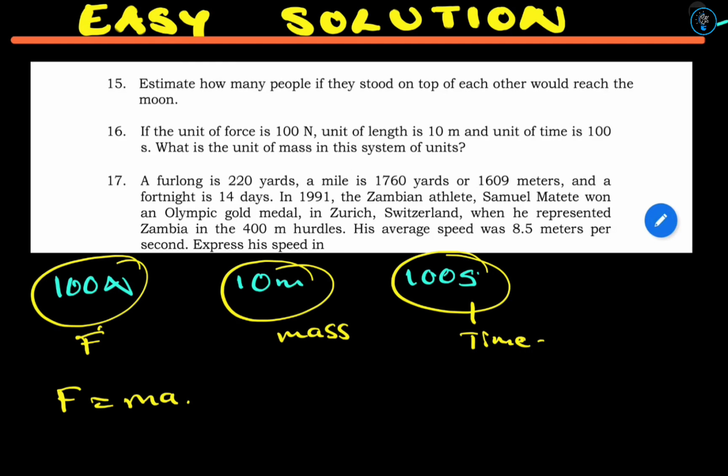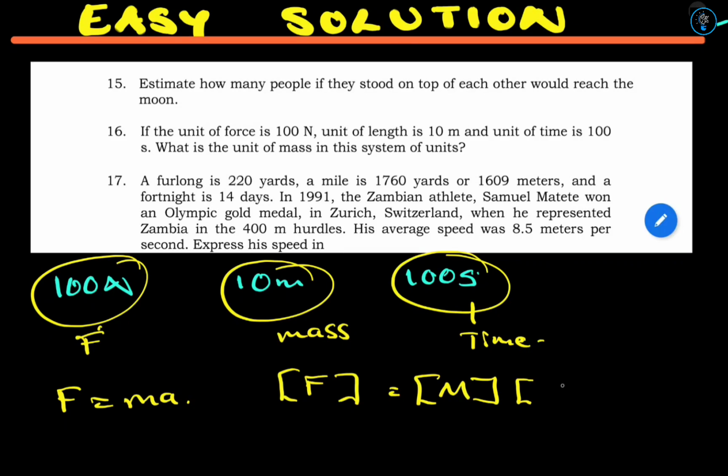In this case we are given the force, so let's consider force as a dimension. We can write it as a dimension formula, equal to the mass, which we represent by capital letter M, and acceleration.